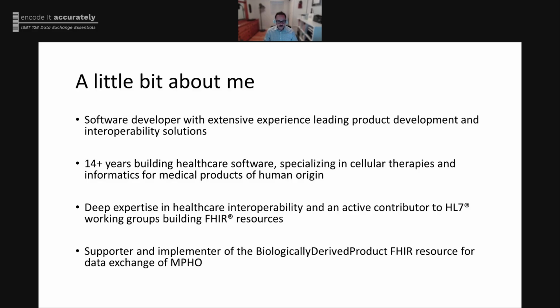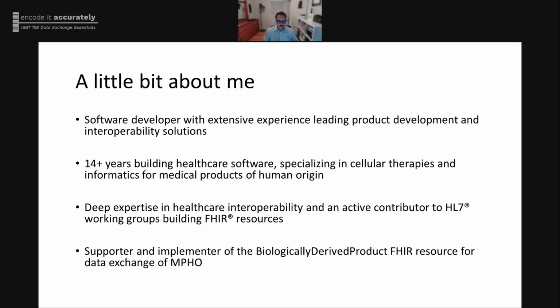We build informatics systems, batch process records, and outcome management systems that support standard of care cell therapy and advanced manufacturing in cellular therapy. I have contributed to HL7 FHIR working groups and support the development of the biologically derived product FHIR resource.